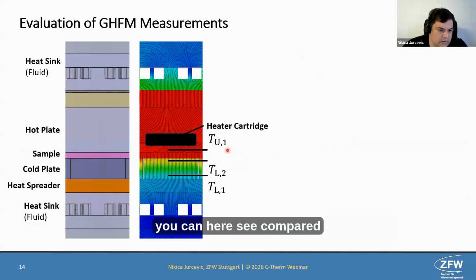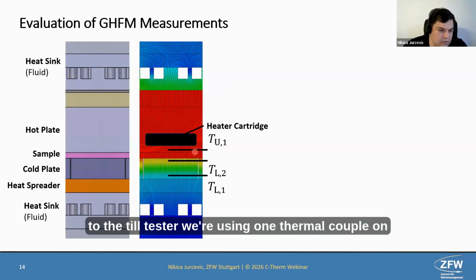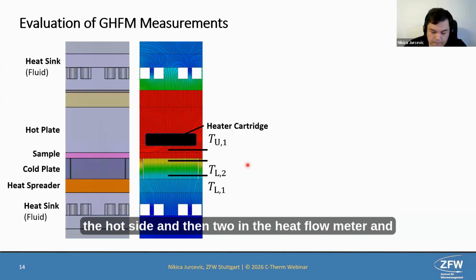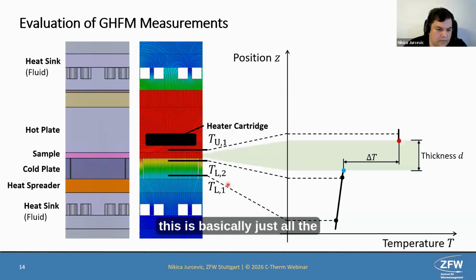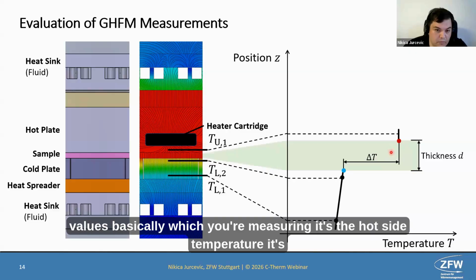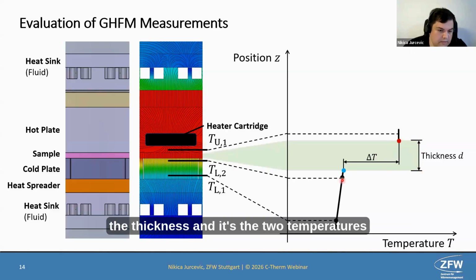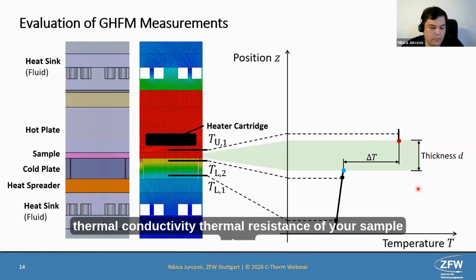You can see here, compared to the TIM tester, we're using one thermocouple on the hot side and then two in the heat flow meter. And this is basically all the values which you're measuring: the hot side temperature, the thickness, and the two temperatures in the heat flow meter. Now you can determine the thermal conductivity and thermal resistance of your sample.